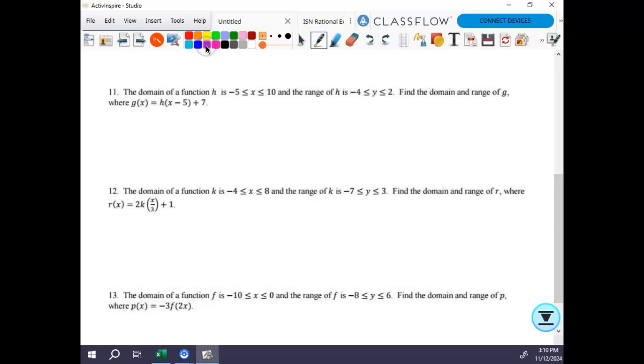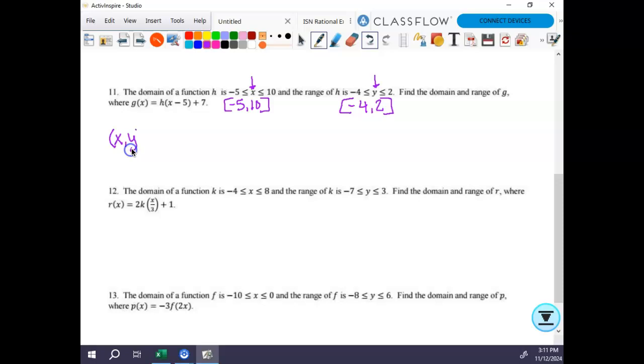So domain of the function, the range. So I'm going to rewrite these: -5 to 10. This is x, so that's my domain. And then -4 to 2. And this is y, so that's my range. Got 2 things going on here. So you can write out your transformations like we did up there, but you don't necessarily have to.